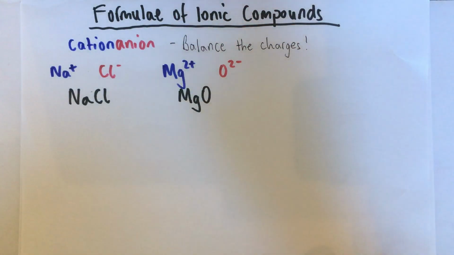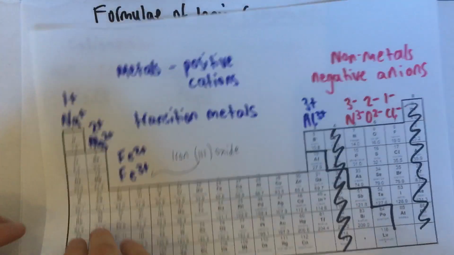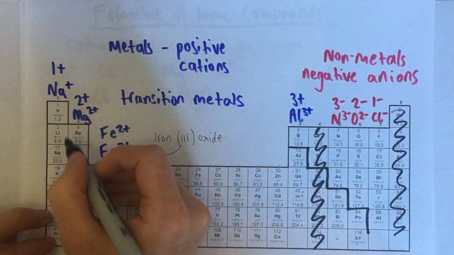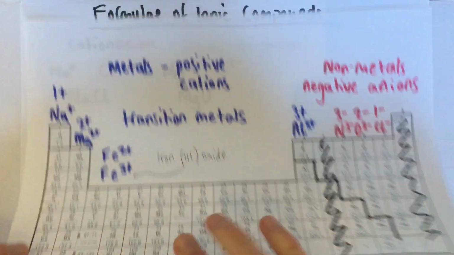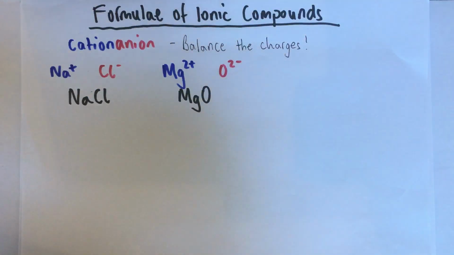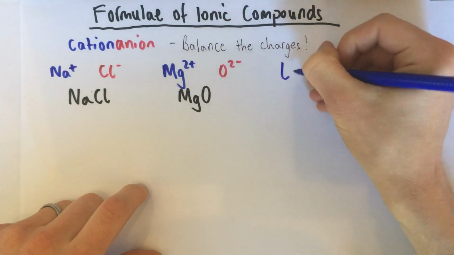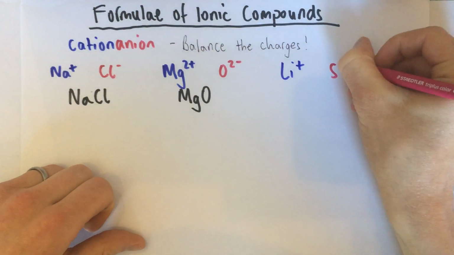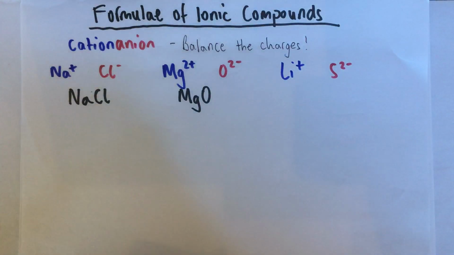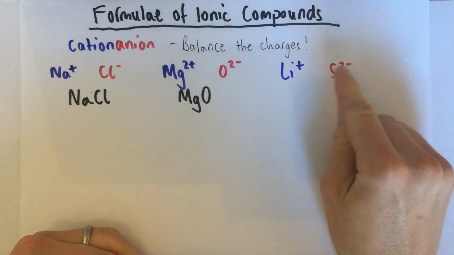I'm going to try lithium sulfide now. So if we look at our periodic table again, we've always got to start there. Lithium is going to be 1 plus, and sulfide is going to be 2 minus. Let's get those written down. This time, they don't balance each other out. We've got 2 minus and only 1 plus.